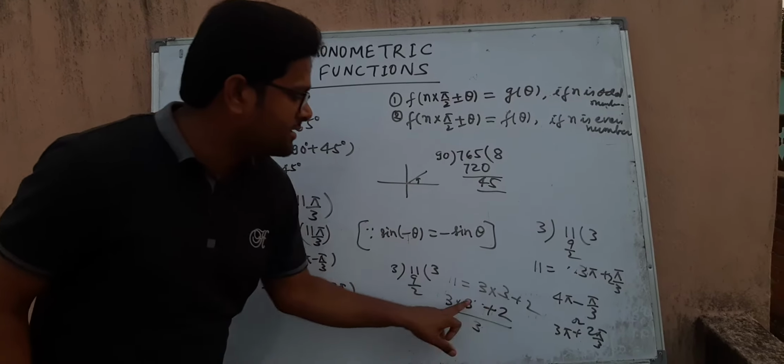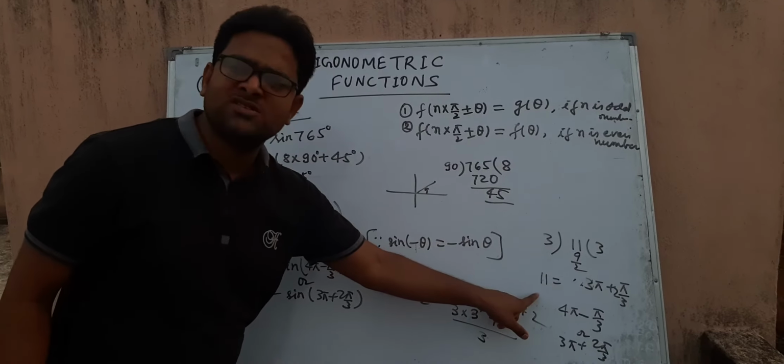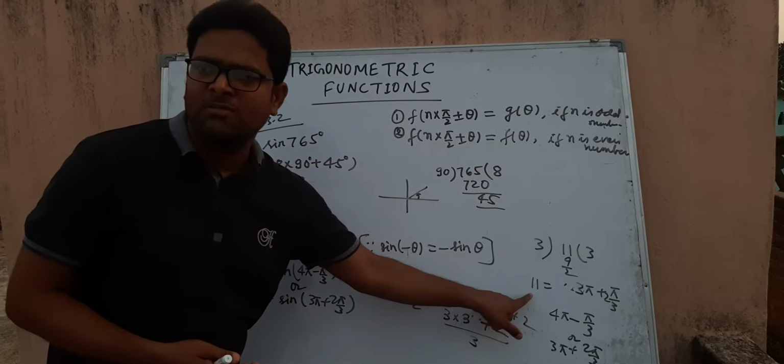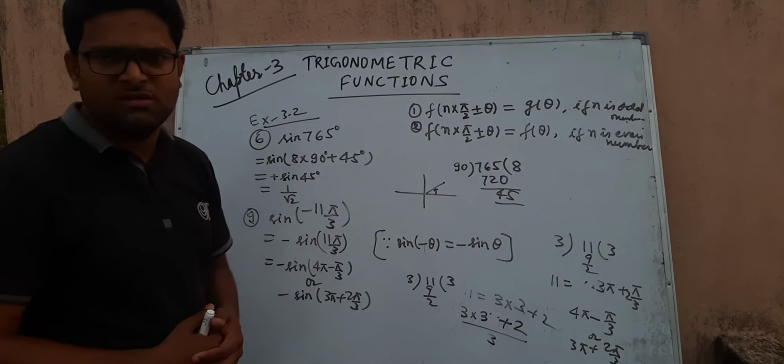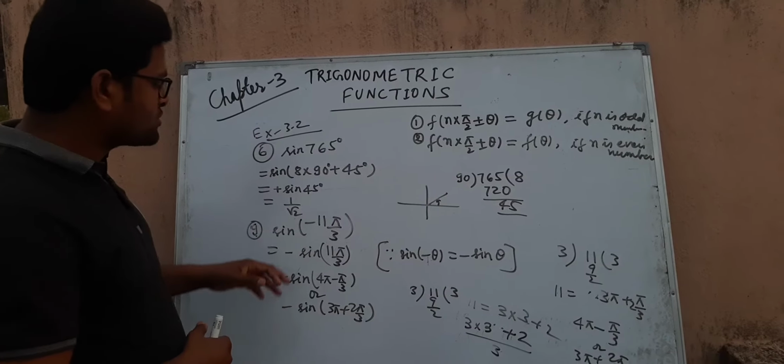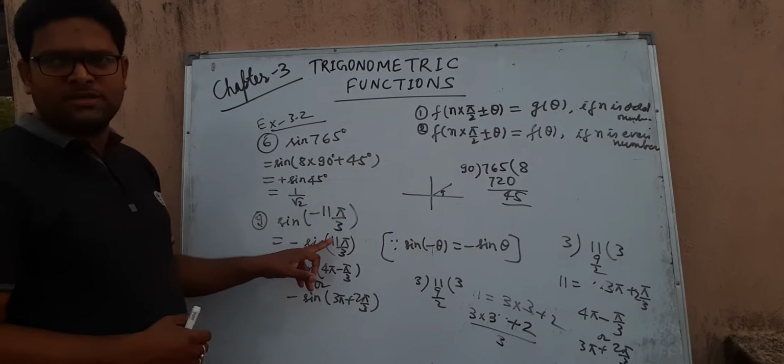You can see we have done the division. Or you can do it in this way also, in terms of 4 pi minus pi by 3. Again you will get 3 4s are 12, minus pi, that is 11 pi by 3. So you should get 11 pi by 3.